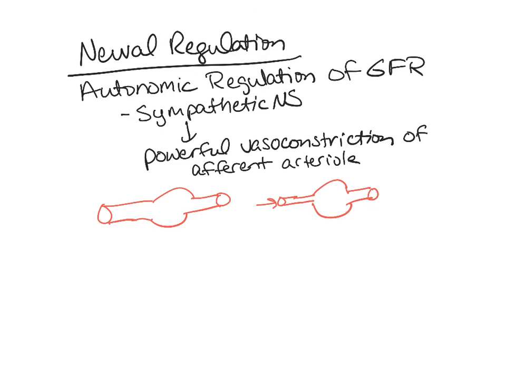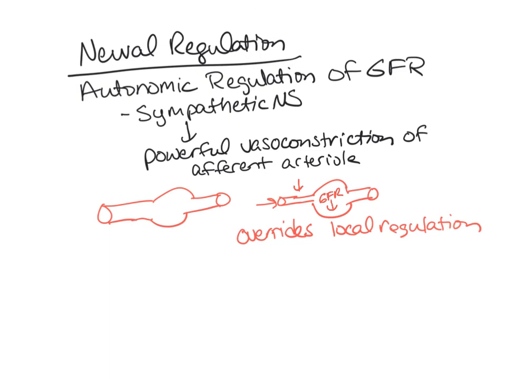This sympathetic activation overrides any local regulation. Because it is vasoconstricting that afferent arteriole, not as much blood is coming into the glomerulus, and that means that the glomerular filtration rate will decrease.